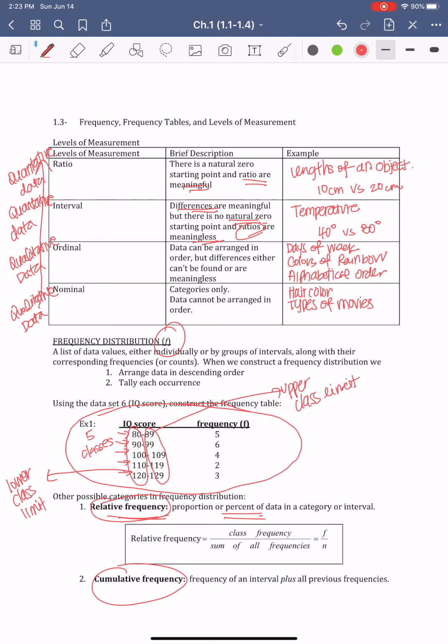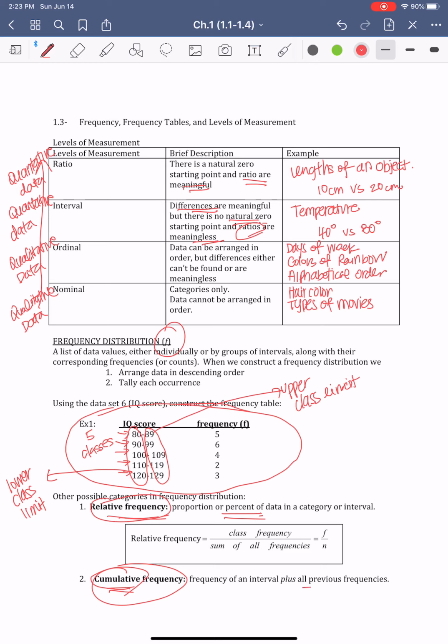We calculate the relative frequency by having a class frequency divided by sum of all frequency. 5 divided by 10, 50%. Cumulative frequency is a frequency of an interval plus all previous frequency. You see the word cumulative frequency. The word cumulative means from beginning all the way up to a certain point.